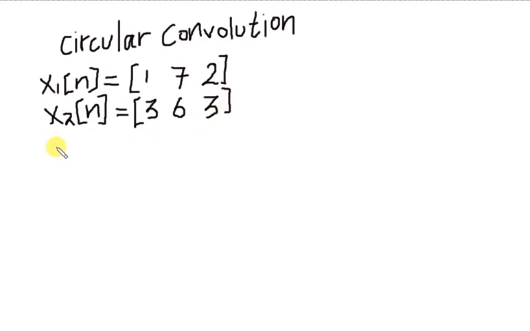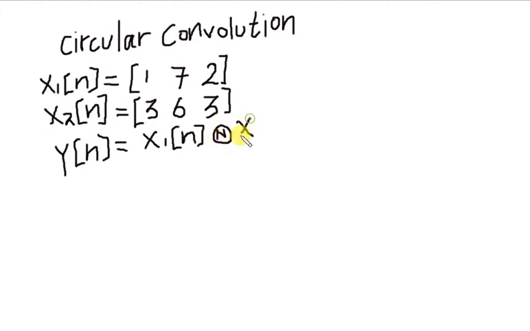So circular convolution between these two signals x1 of n and x2 of n will be y of n, which is equal to x1 of n circularly convolved with x2 of n.